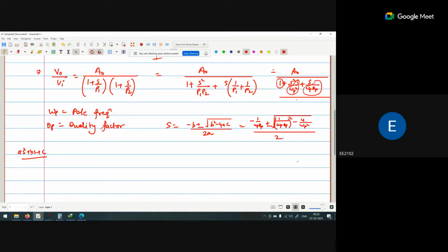If I simplify this, the value of S is minus 1 upon 2 omega p qp, plus or minus, taking the 2 inside, 1 upon omega p qp times the square root of (1 upon 2 omega p qp) square minus 1 upon omega p square.